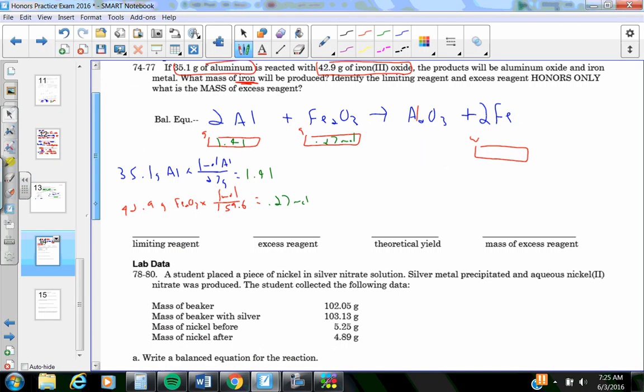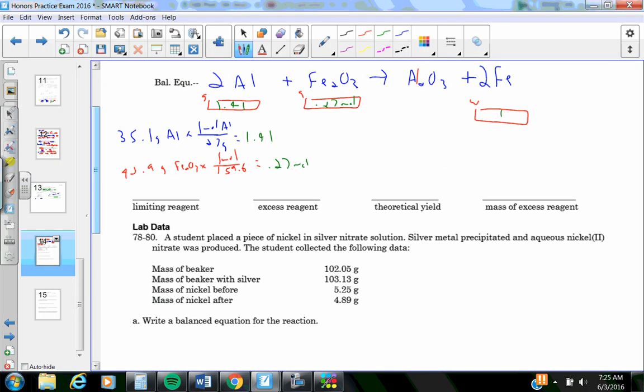And what that means is over here in the products, I've got to figure out how much do I have enough aluminum for. Aluminum, 2 aluminums make 2 irons. 1.41 aluminums would make 1.41 irons. 1 iron 3 oxide will make 2 irons. That's twice as many. So 0.27 times 2 over 1 will be 0.54.